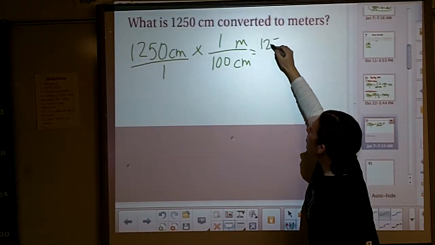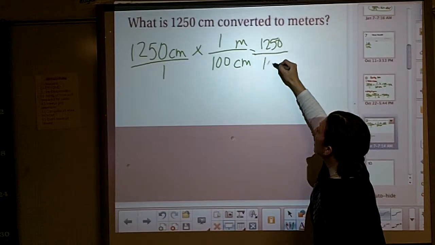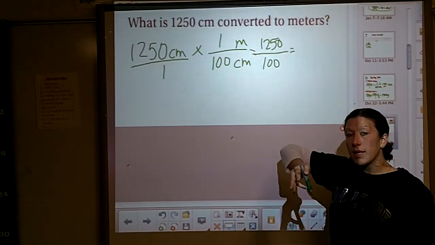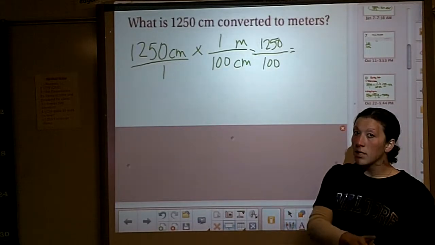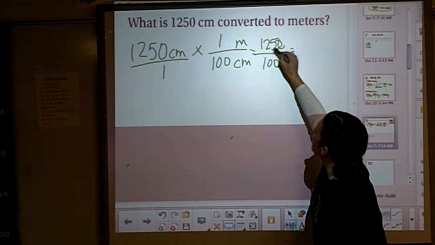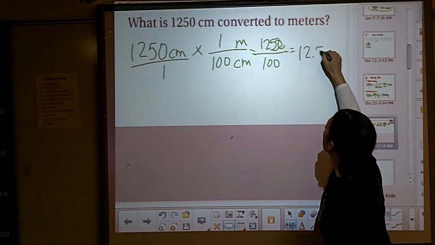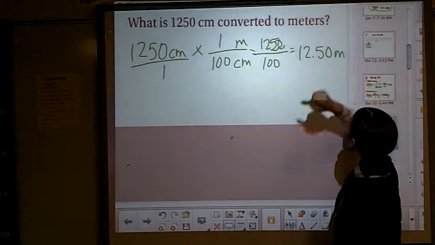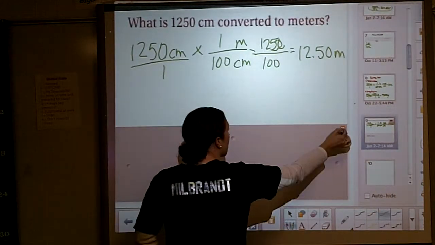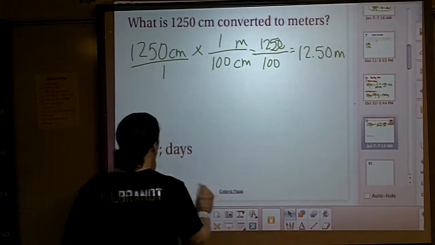Multiply straight across, 1250 divided by 100. Dividing by 100 just moves my decimal 2 spots to the left. Multiplying would move it to the right, dividing moves it to the left. So it'd go 1, 2, and it'd be 12.50, or just 12.5 meters.